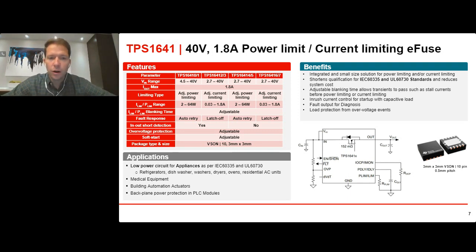The device also offers versions with in-to-out short detection, as well as adjustable overvoltage protection and soft start. The device is available in a 3mm by 3mm VSON package with 0.5 millimeter pitch.